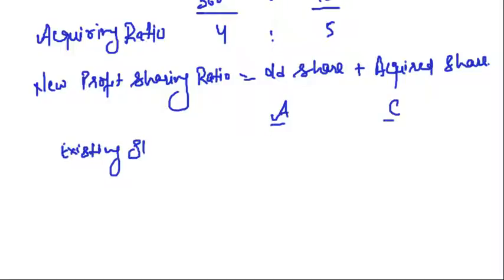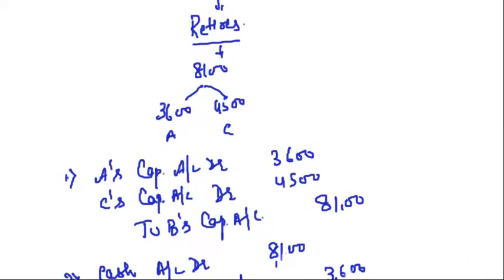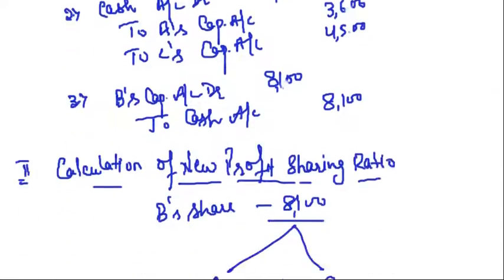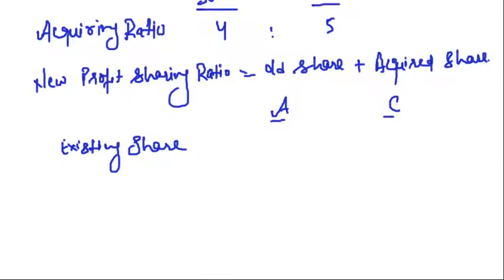The existing share ratio is 4:3:1. So for A, the existing share is 4/8 and for C it is 1/8. Now what is the acquired share?